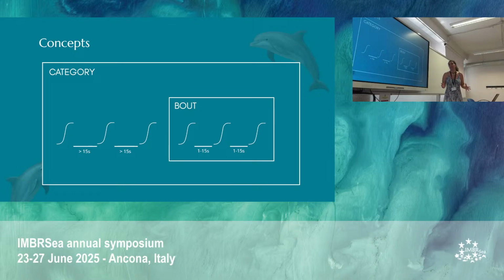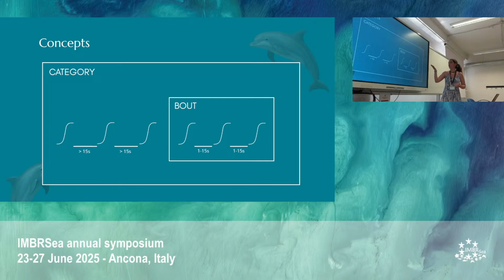But let's explain what a category and what a bout is. A category basically is a group of whistles that have the same frequency contour shape of the whistle. So basically we group all of the whistles that are in the same recording and have the same shape into one group.